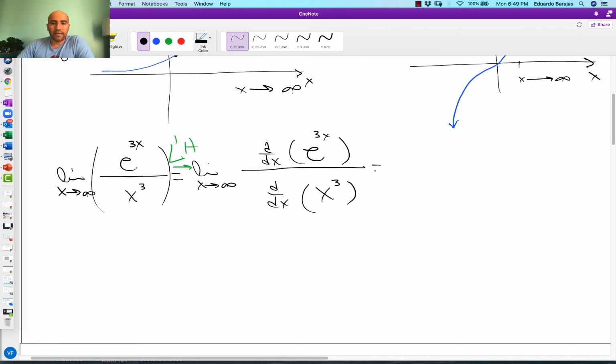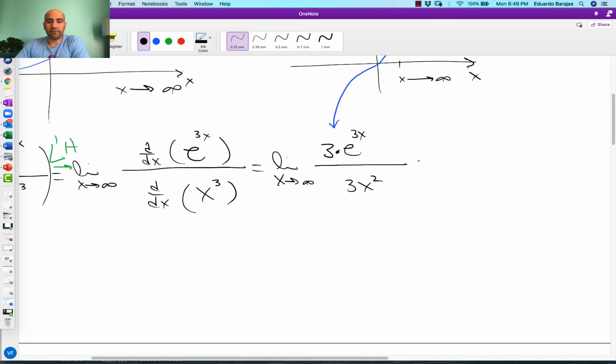So now let's go ahead and take that derivative. This is the limit as x approaches infinity of, and the derivative of the numerator is going to be equal to e to the 3x times a copy of 3 using the chain rule. And then in the denominator, it'll be 3x squared. Well, this is still not going to be the answer I'm looking for, so I'm going to try and evaluate this again.